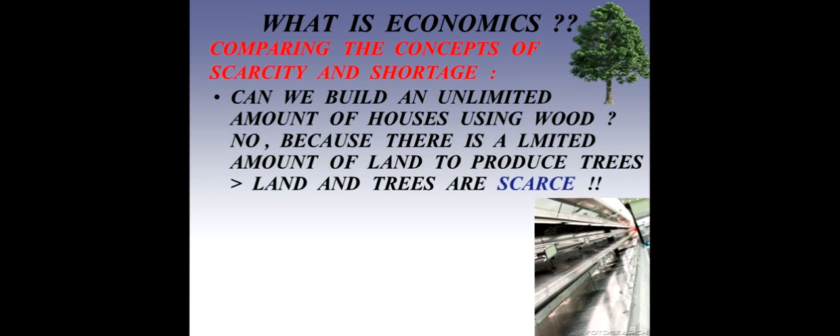Can we build an unlimited amount of houses using wood? The answer to this is no, because there is a limited amount of land to produce the trees needed for the wood. Land and trees are resources that are scarce. They are limited in quantity.